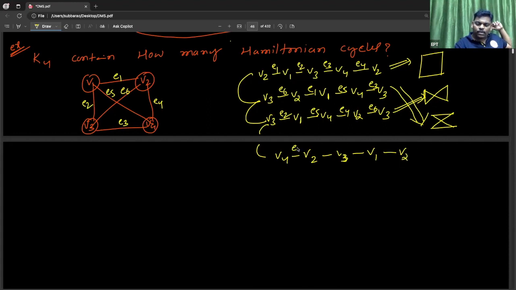Let me see the edges. V4 to V2, so E4. V2 to V3, E6. V3 to V1, E2. Next, V1 to V2, E1. These edges are E1, E2, E4, E6. E4, E6, E2, E1. Anyone like this?